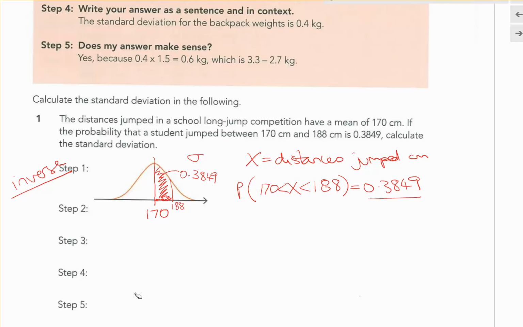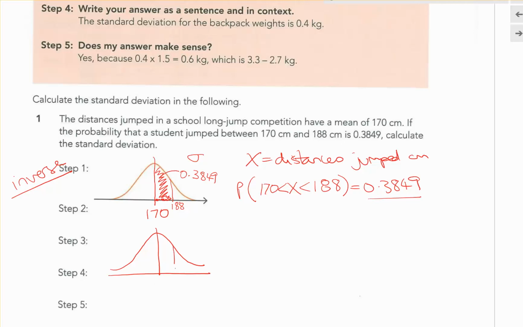We could also do a central area, which would be between 188 and, you'd have to subtract 18, you'd have to double the 0.3849, and then you could have a central area. Or we could do a right tail, which is the one I usually see. Oops, I don't want a mean of 0.